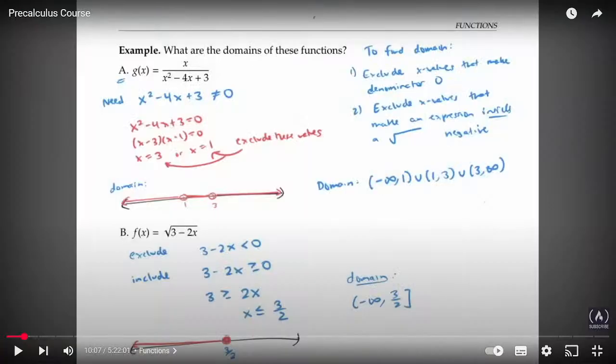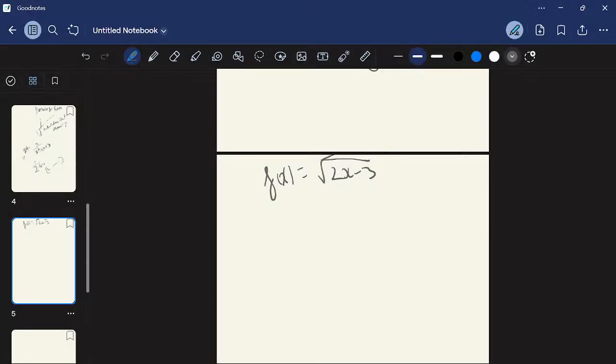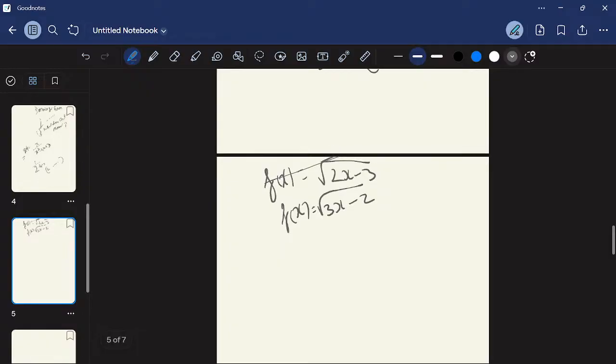Is that what it is? No. Minus 2. So what do I do? So first step would be to equate that to 0.